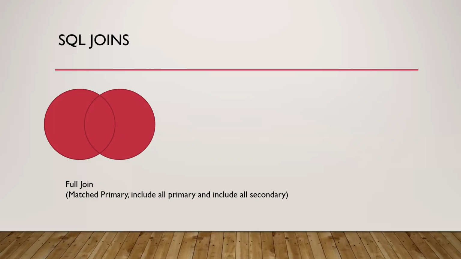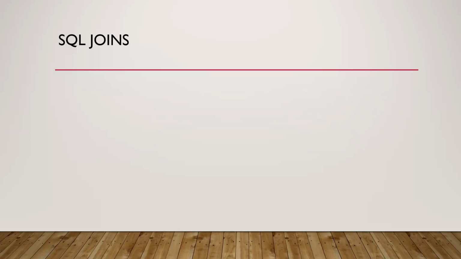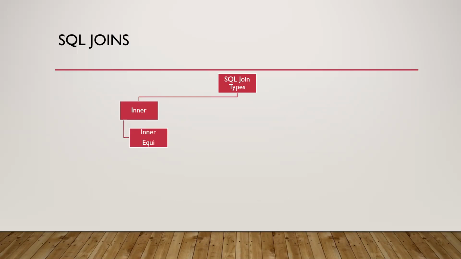Now, let's talk some more about SQL joins. Did I tell you, by the way, that there's something called an inner join? I did, right? But there's actually also a special type of inner join called an inner equijoin. Oh, and there's one called an inner theta join. And there's one called an inner natural join. By the way, remember there's also something about outer joins that I mentioned in the previous slide.